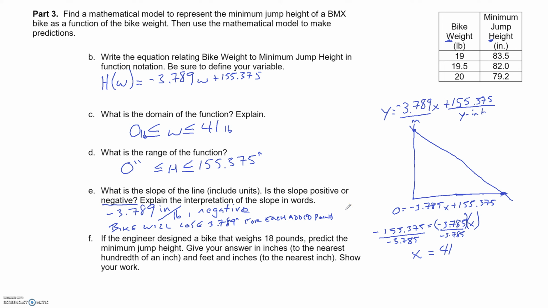So every time that we increase the weight of the frame, every 1 pound will drop it almost 4 inches, about 3 3/4 inches.